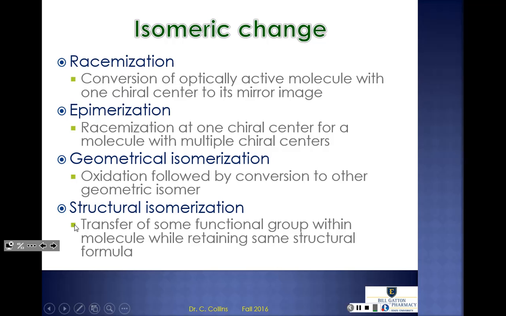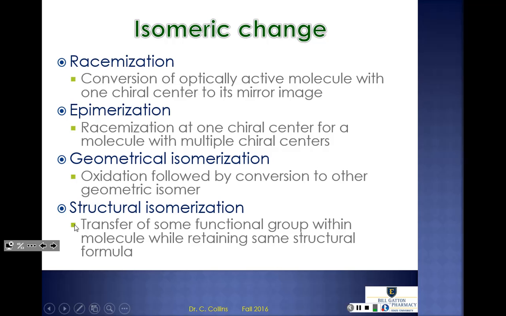Epimerization, geometrical isomerization, structural isomerization. So this can cause just enough change in the molecule, even though the chemical structure of the molecule is the same in terms of its content, its arrangement is slightly different.